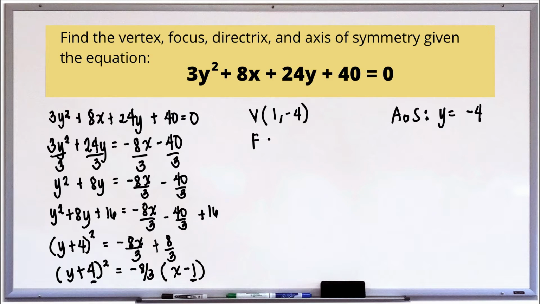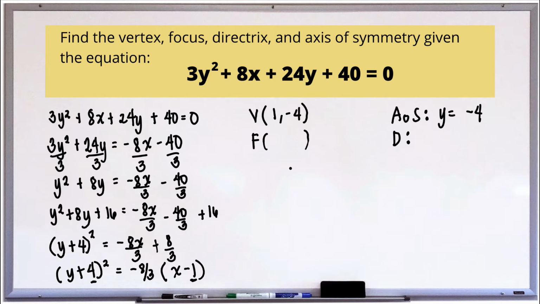Our focus and directrix will be solved after finding the value of p and adding it with respect to the variable not squared. Hence, that is the x-coordinate of our vertex.